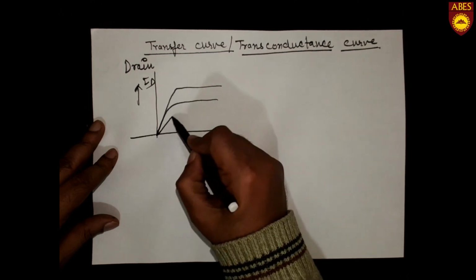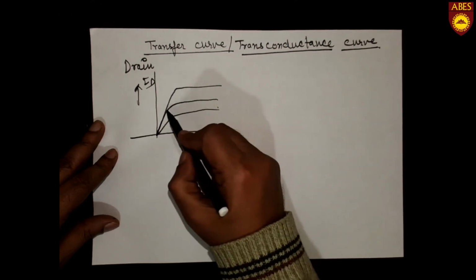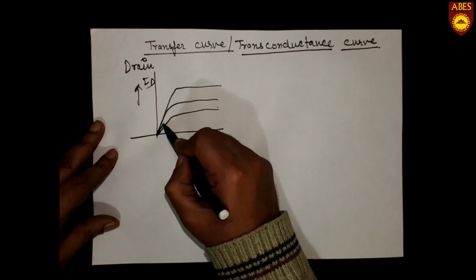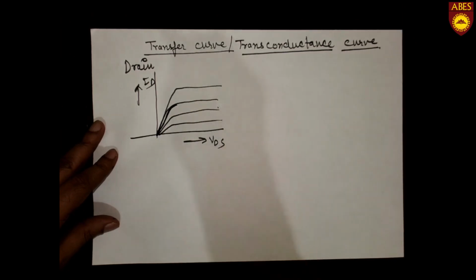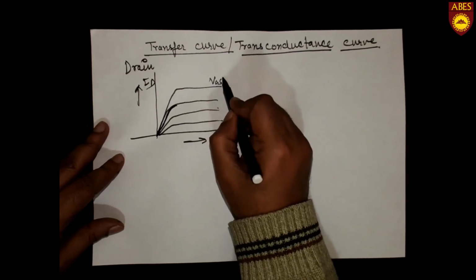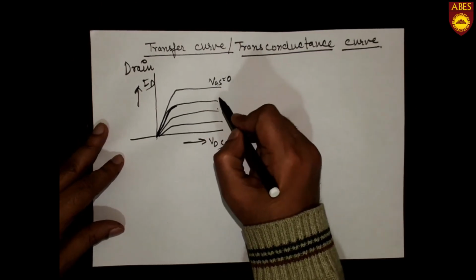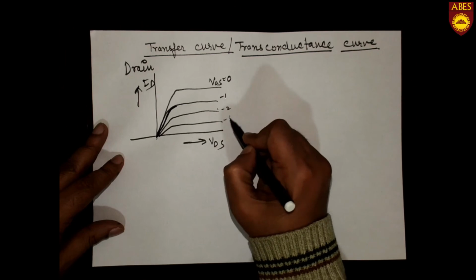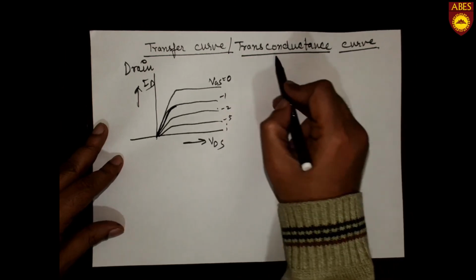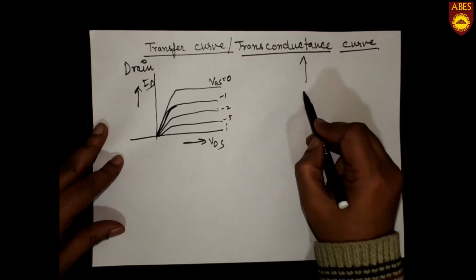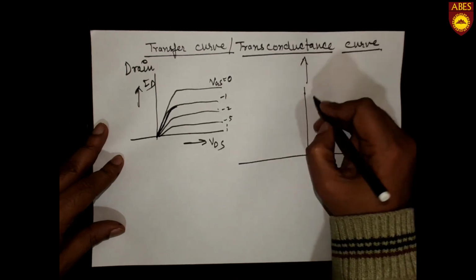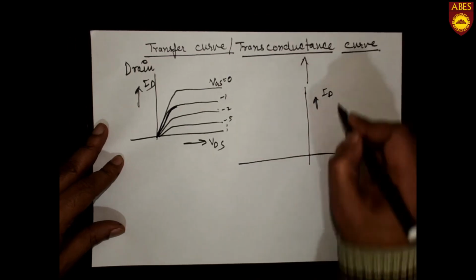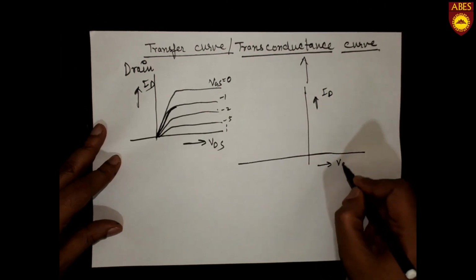So the drain characteristic curve is like this, with VGS constant, and the transconductance curve is plotted between ID and VGS.